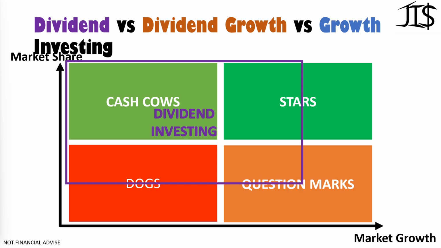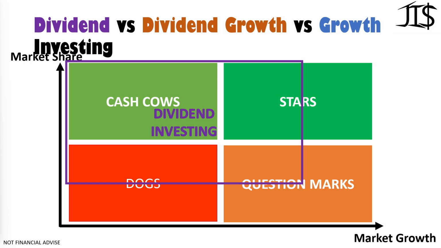For example, a lot of companies were in this region, then they went more or less into this red region, and then when the economy picked back up after the COVID pandemic, they grew quite fast and they became stars again. But that is only going to last for 1, 2, 3 years, and then they will go back to the cash cows. So yeah, it moves.